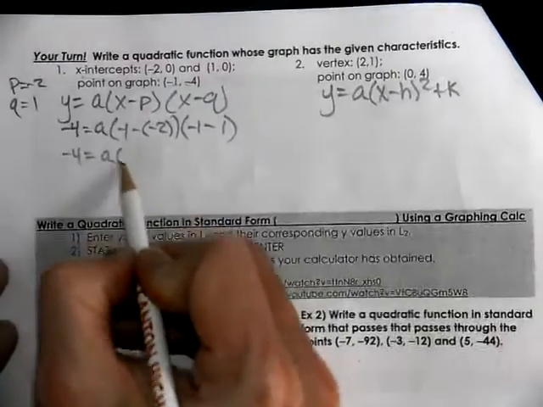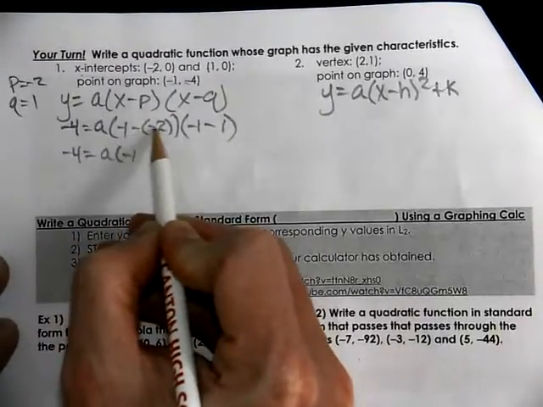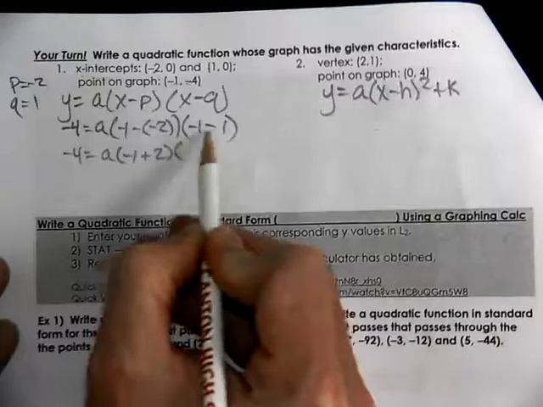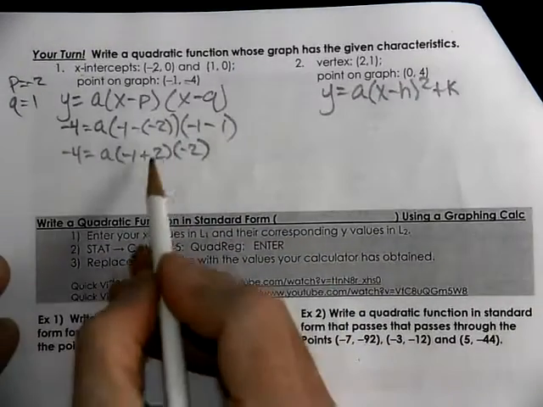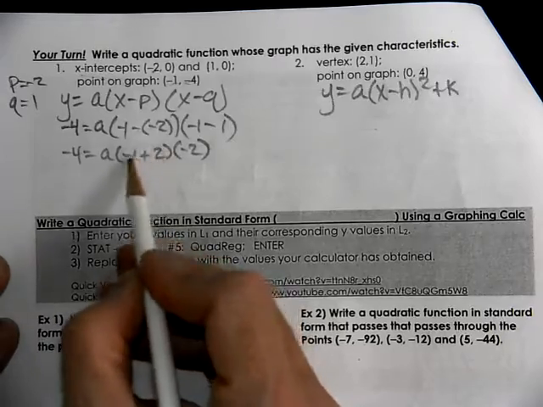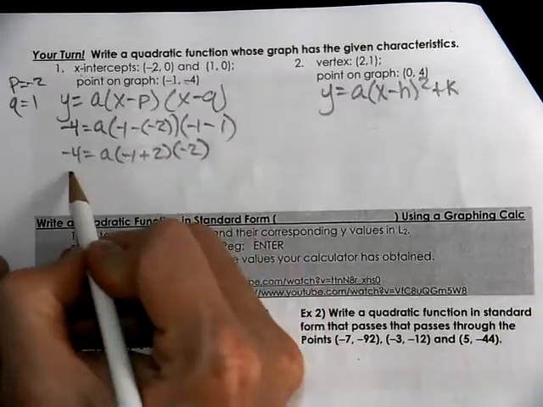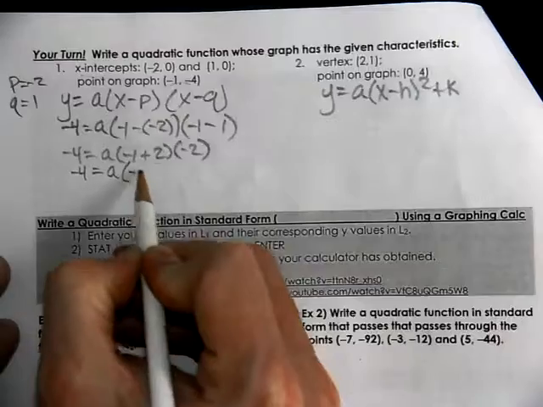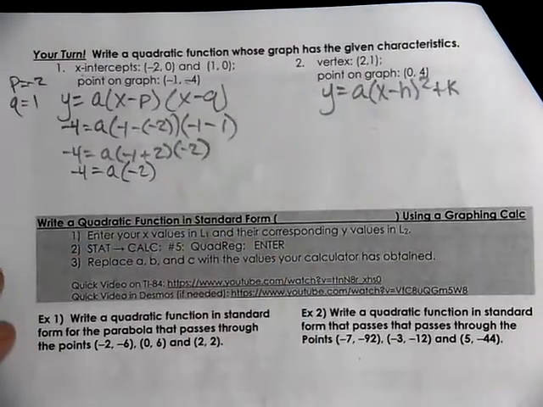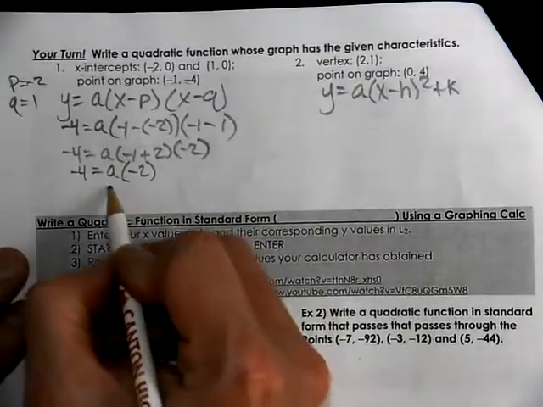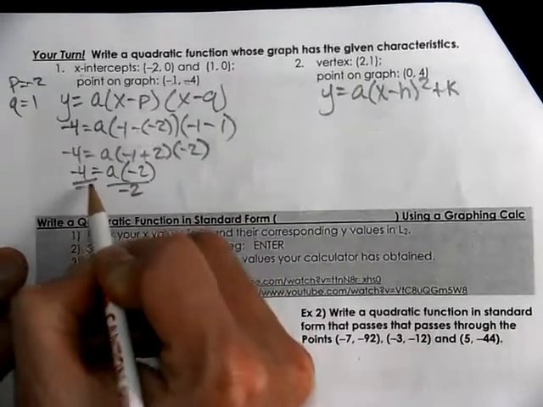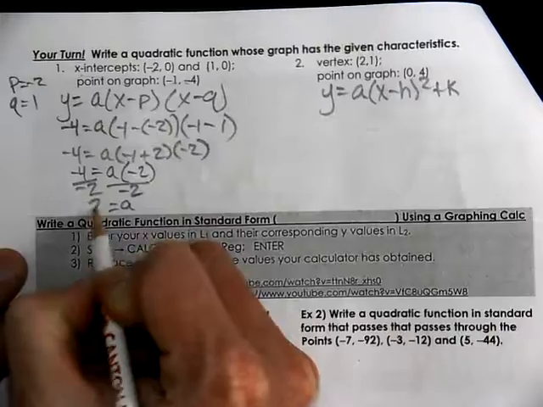That's -4 equals a times (-1 plus 2)(-1 minus 1). So this adds to become 1, and 1 times -2 is -2. So again, that is not a minus 2. This is a times a negative 2. So we have to divide. So a equals 2.